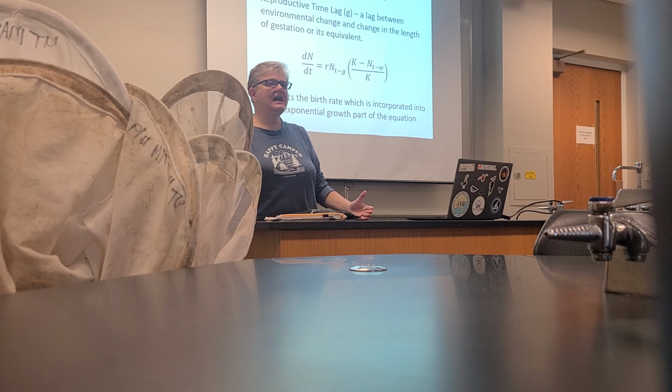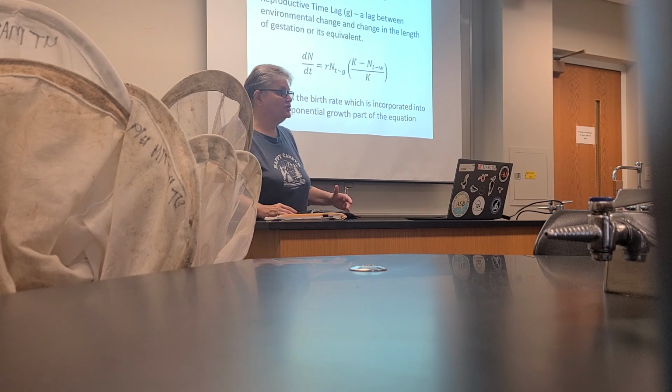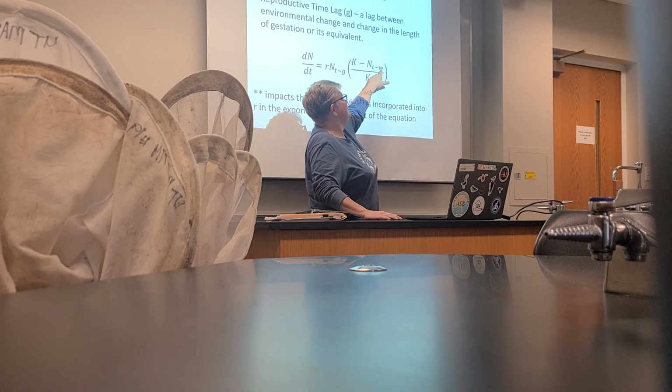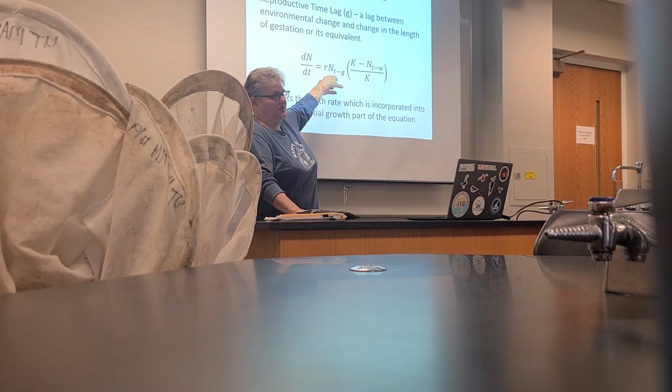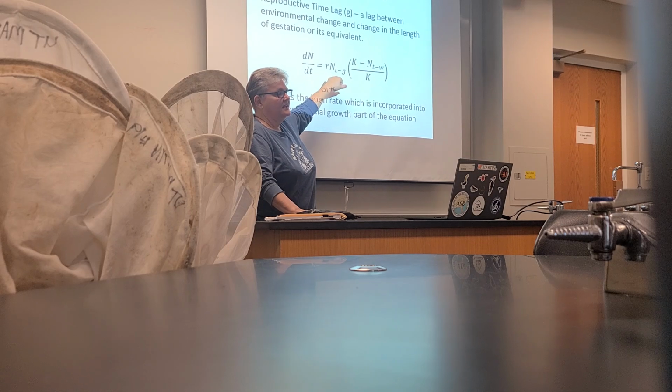And so you've got a lag where we may adjust to the environmental change, that's this right here, but then suddenly you have a bunch of individuals being born into the population that you don't have resources for. All right.